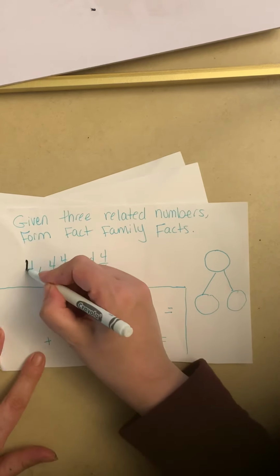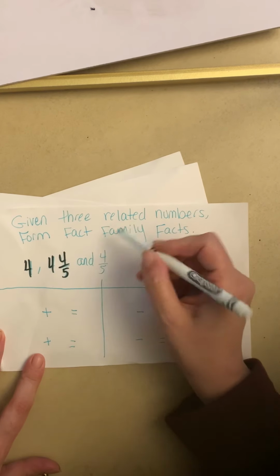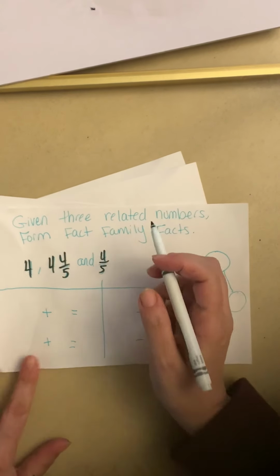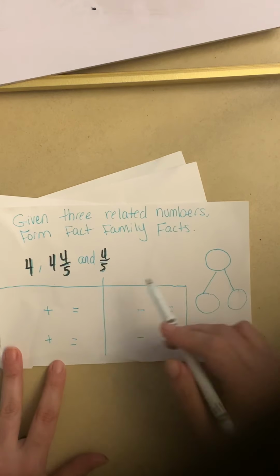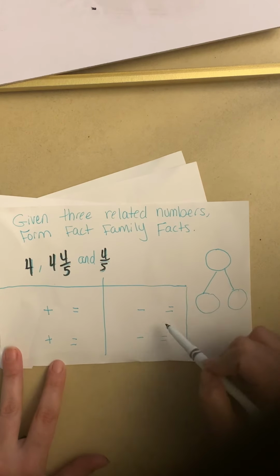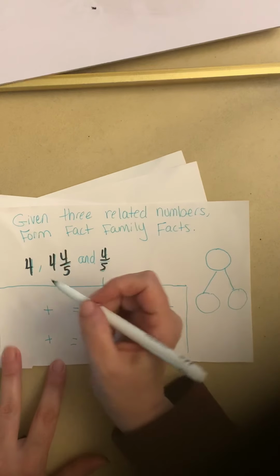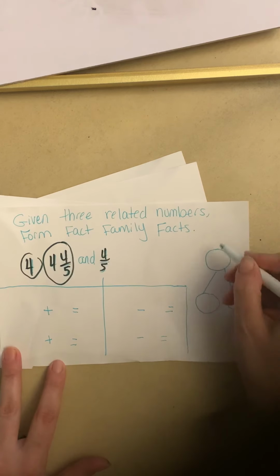I have 4, and 4 and 4/5, and 4/5. If I were to create 2 addition fact families and 2 subtraction, I will use one of them. So let me first take this part right here and decompose it.